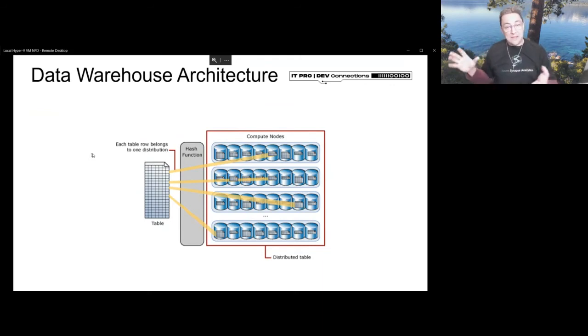But that limitless storage space is organized into 60 distinct, what they call distributions. So that is down here, right? Distributions. So when you create a table, here's the point.